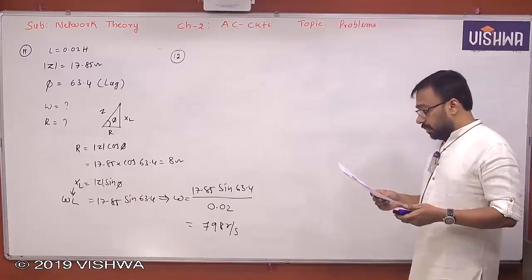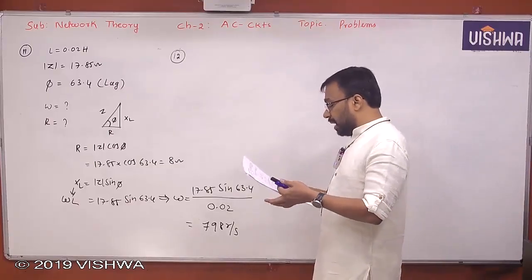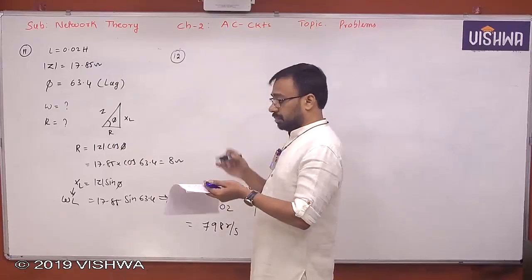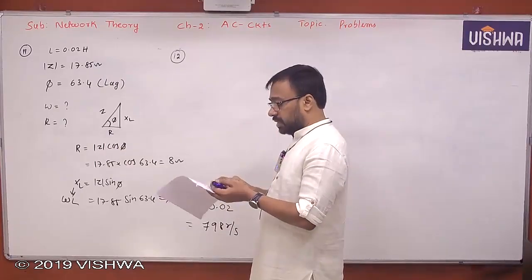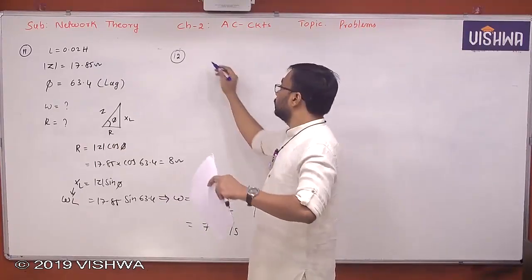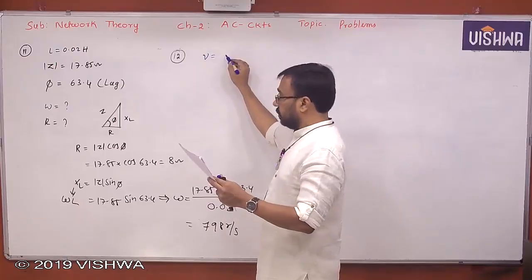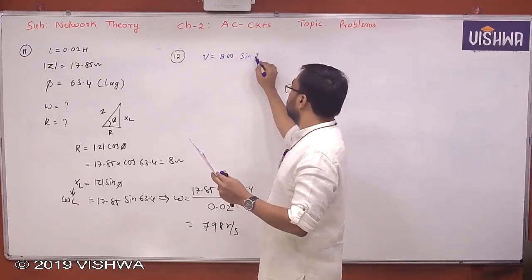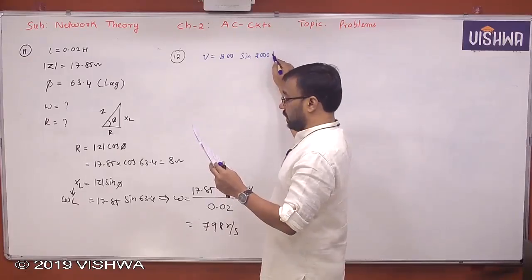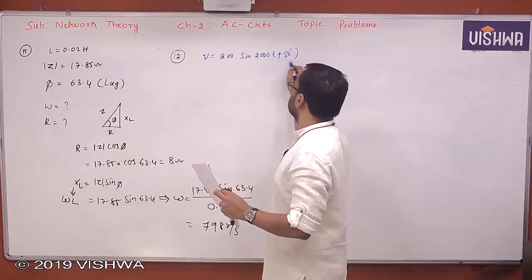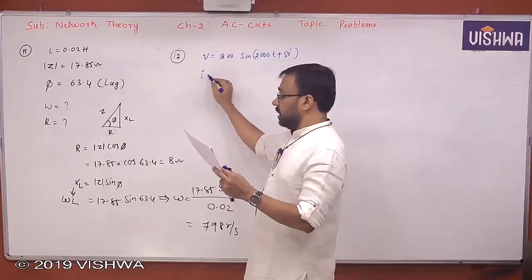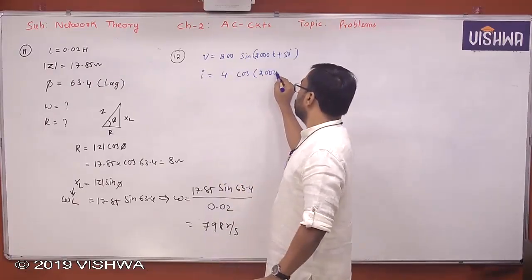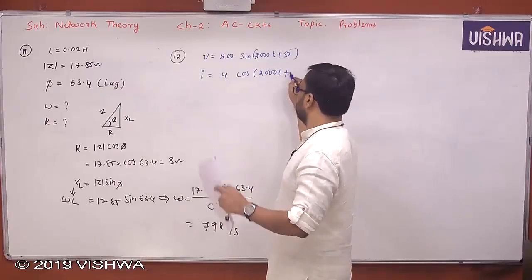Twelfth problem. A series circuit containing two pure elements has V is equal to 200 sine 2000 t plus 50 degrees, I is equal to 4 cos 2000 t plus 13.2 degrees.